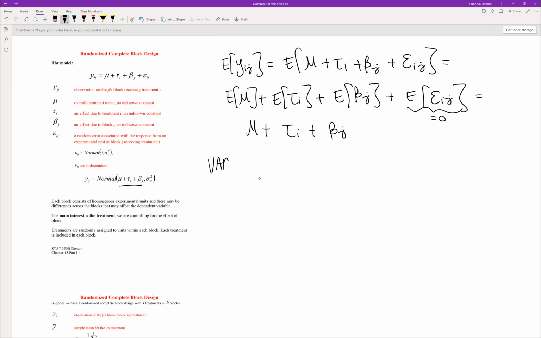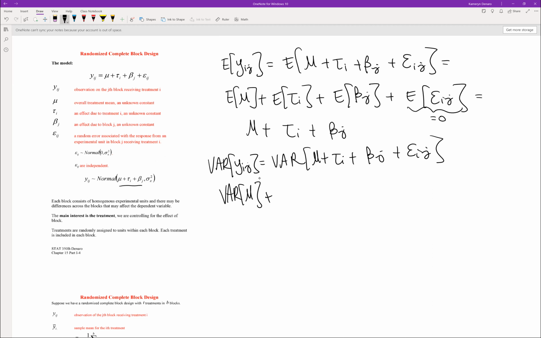Our variance of yij should be equal to the variance of mu plus tau i plus beta j plus epsilon ij. This is a linear combination, so we get the variance of mu plus the variance of tau i plus the variance of beta j plus the variance of epsilon ij.